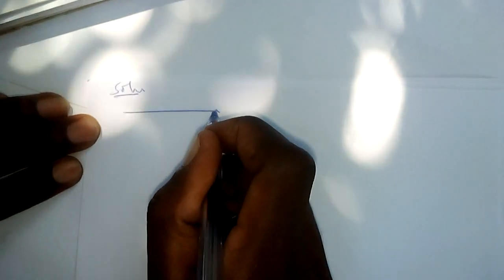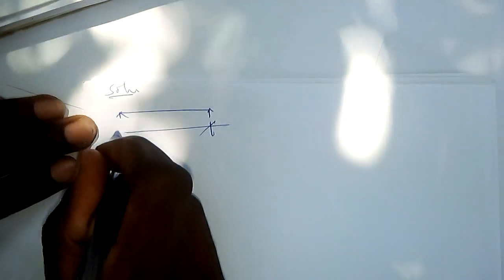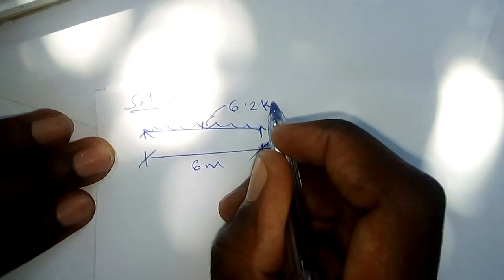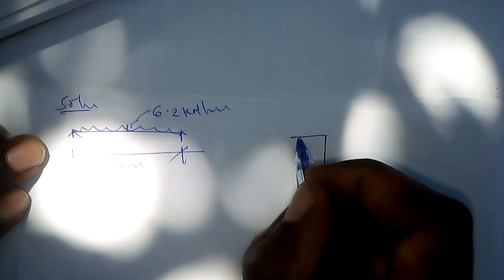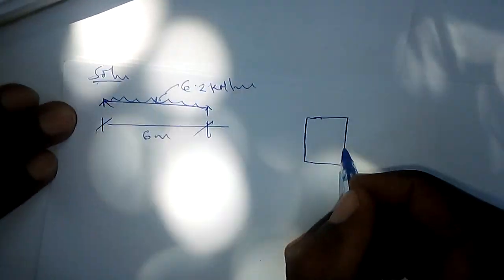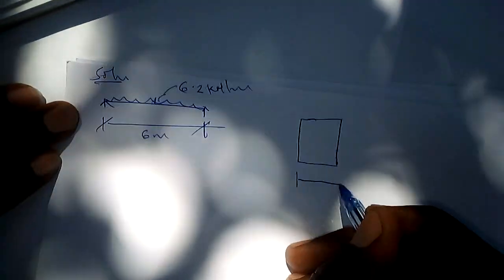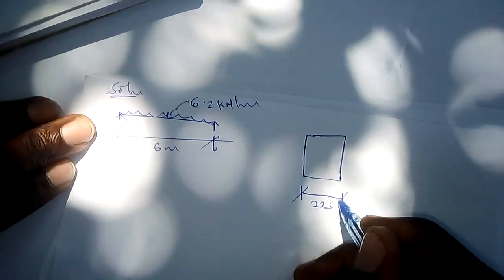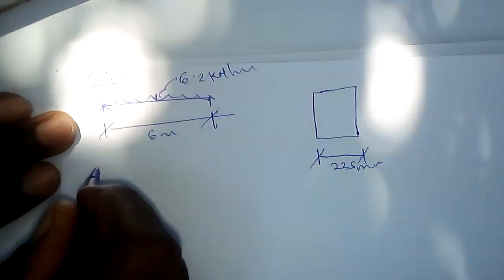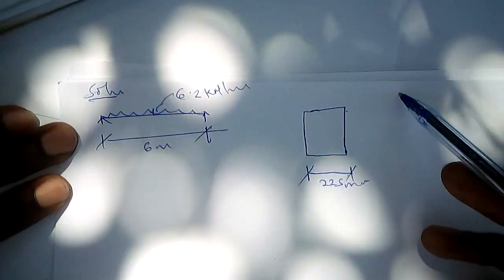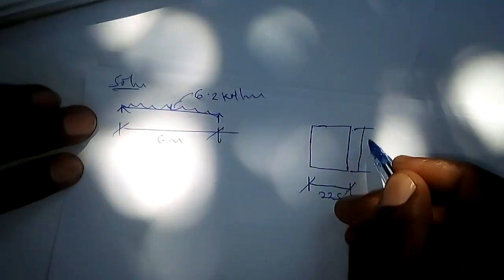They said it's a beam of span 6 meter and it carries a UDL of 6.2 kilonewton per meter. Let us sketch this section of the beam. This is a section given the breadth to be 225 millimeter, and we want to find the D minimum, this D.